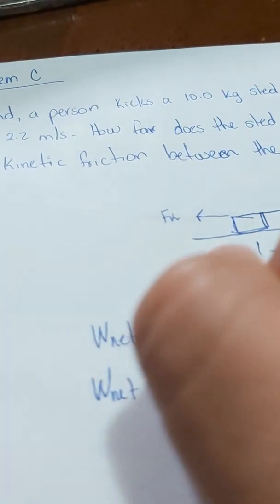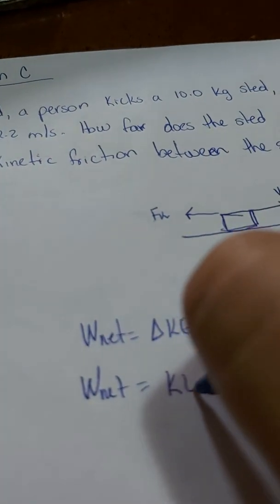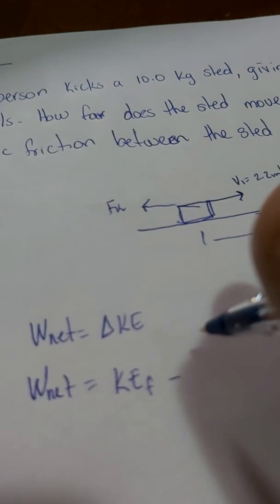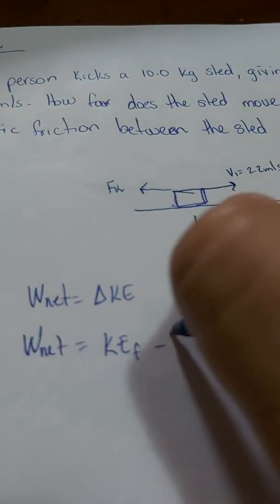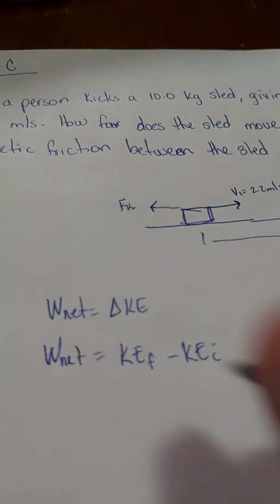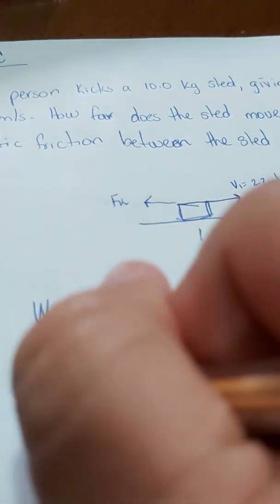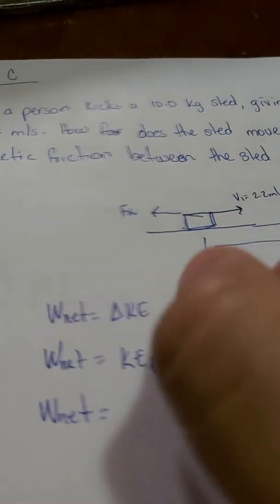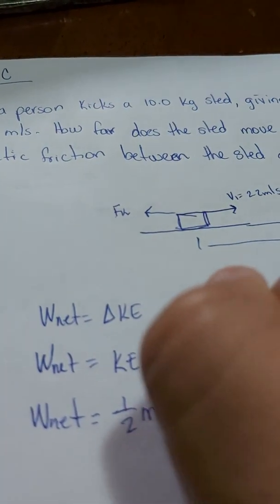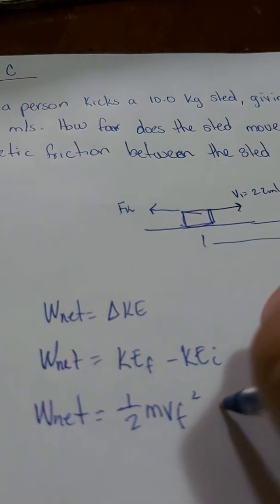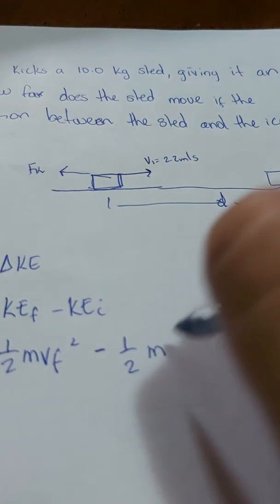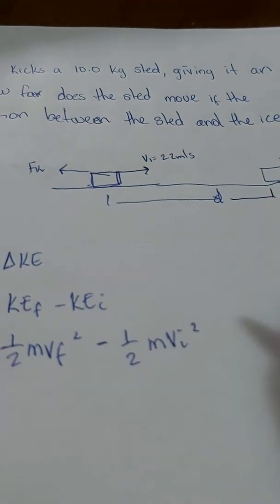Net work equals final kinetic energy minus initial kinetic energy. Net work equals 1/2 mass times final velocity squared minus 1/2 mass times initial velocity squared.